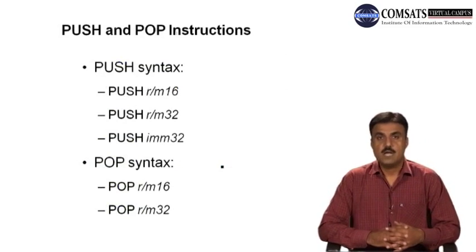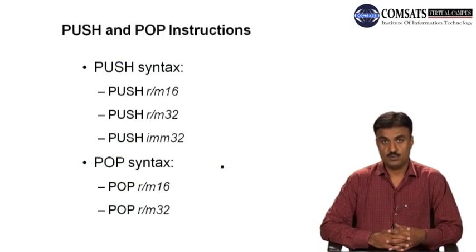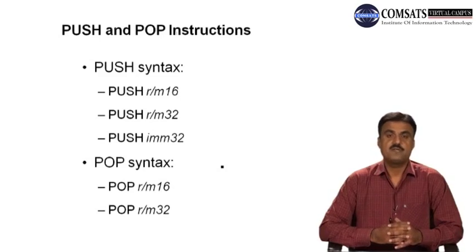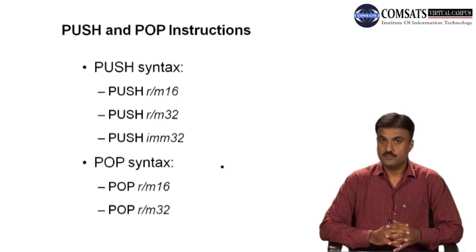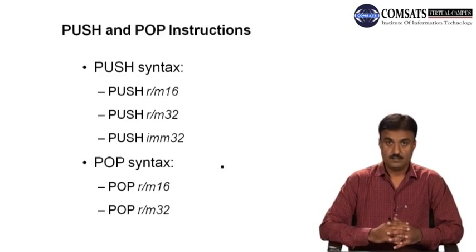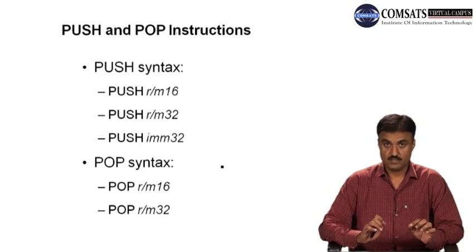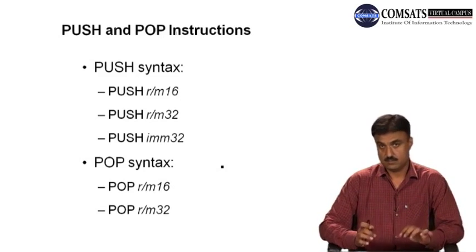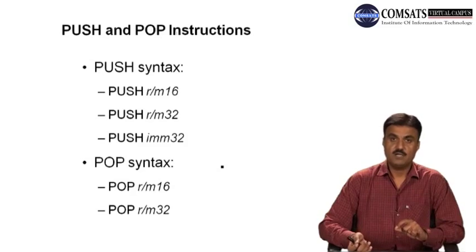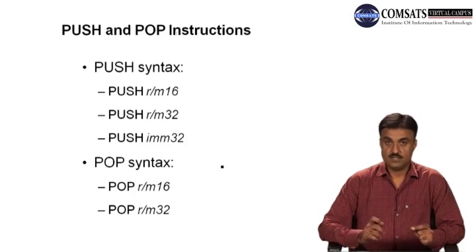Now the syntax of push and pop. I will repeat again that for push, first we decrement the number of bytes, for example a word, a byte, or maybe a double word, and so on.